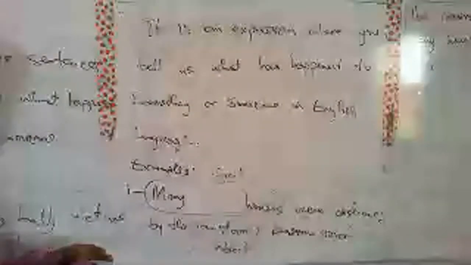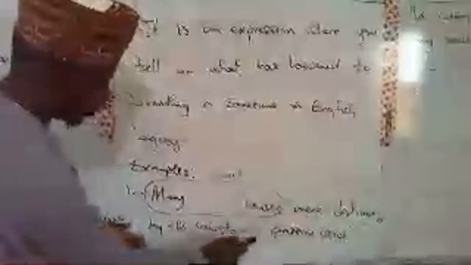That's how to change your active to passive. Another one is this: many houses were destroyed by the rainstorm. I asked the students earlier whether this sentence is passive or active. This is just an indicator for you to know that this sentence is in passive form.